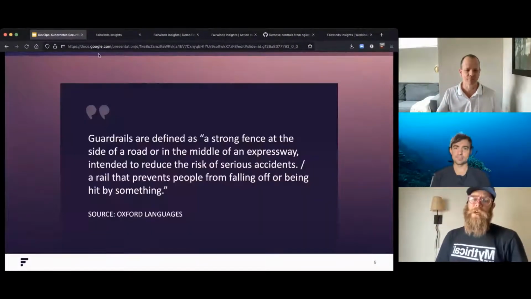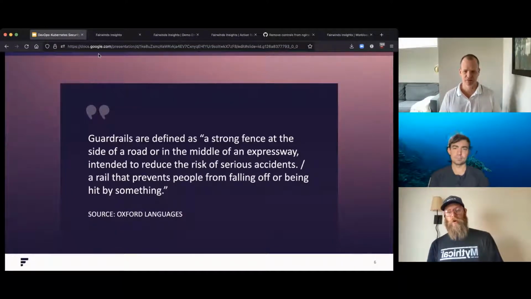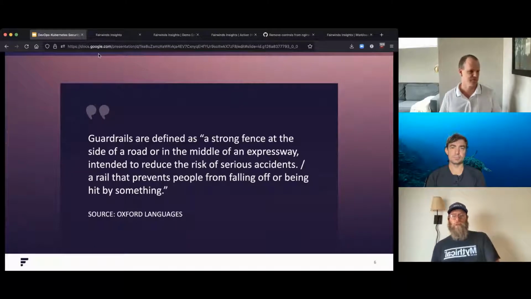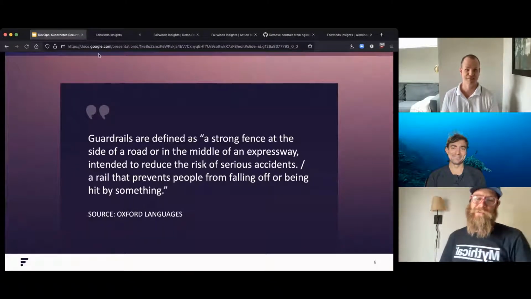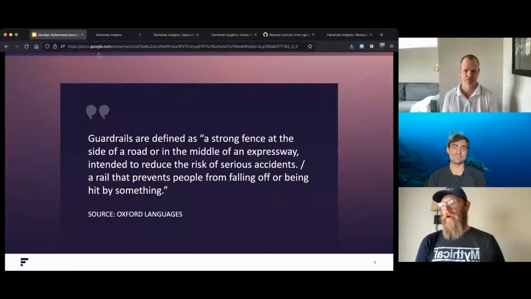Polling question. So first, let's define what guardrails are. Guardrails are a strong fence on the side of a road or in the middle of an expressway, intended to reduce the risk of serious accidents, or a rail that prevents people from falling off or being hit by something, which is very apt given people trying to avoid problems in Kubernetes.